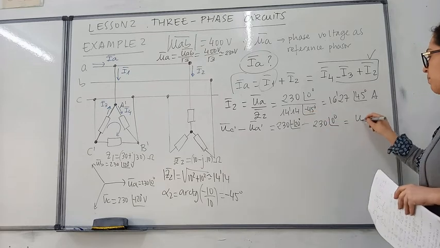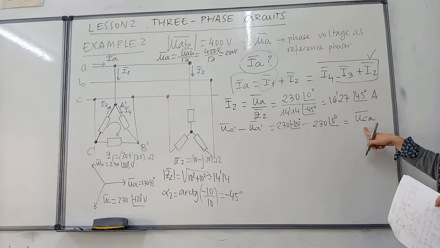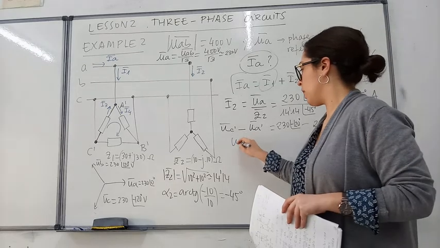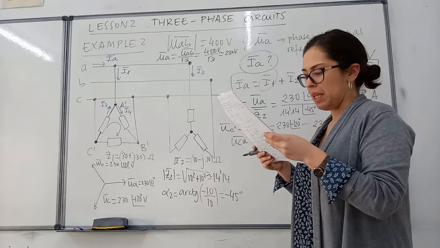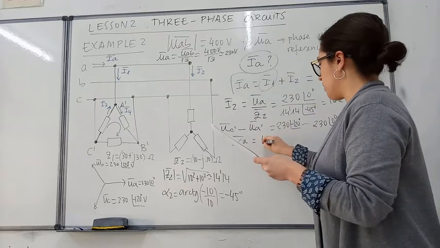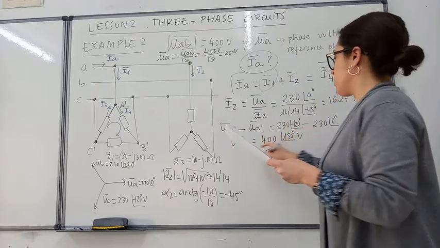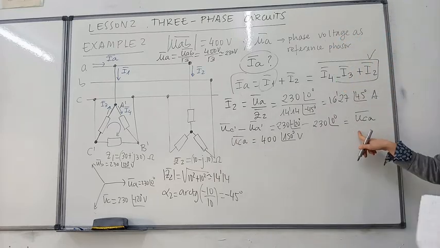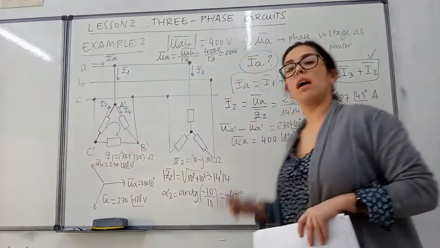This is the same as the voltage between C and A, okay? Line voltage between C and A. Well, line voltage between C and A is 400, 150 volts. So that is the voltage that we have in this side of the triangle.